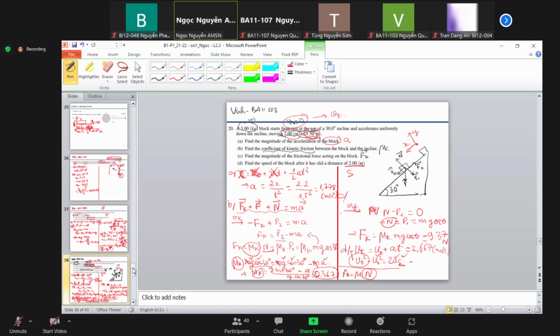Okay. So any questions about this part? Keep in mind that I just reminded you 5 minutes ago. The friction force will be equal to mu multiplied by n. The way you determine n here is very important.